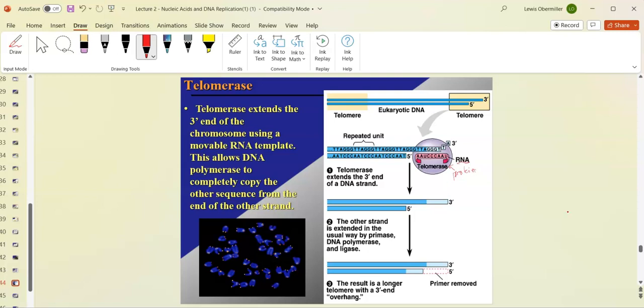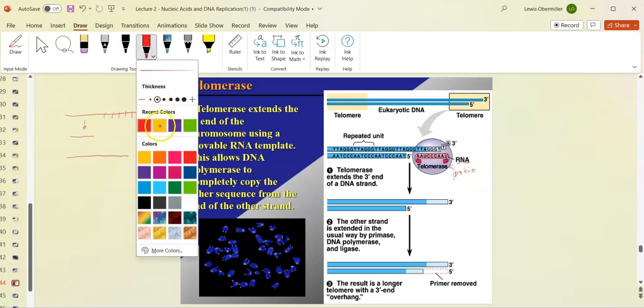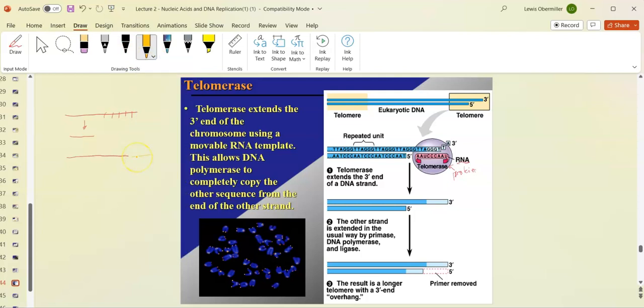So in a normal stretch of DNA, this end would get shorter and shorter and shorter, and eventually your chromosome would look like this. But telomerase just adds stuff on the end, right? Long stretches of just junk.